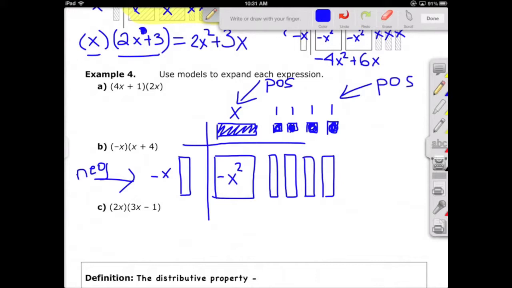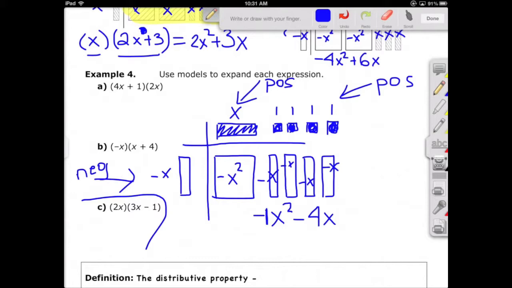So these are all negative. So our final answer, just wall this off, is negative x squared minus 4x. In case you're wondering what the coefficient is there, you've got one of those negative x squares. So it just proves that you don't always have to write the coefficient minus 1.